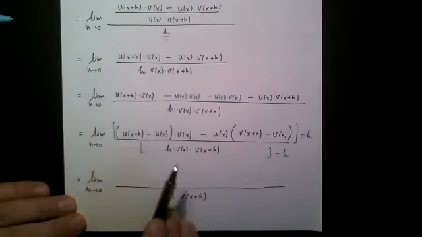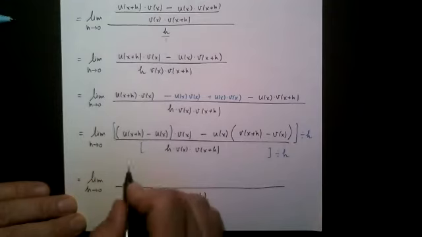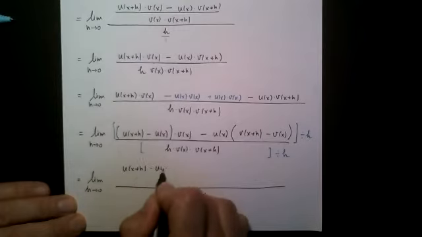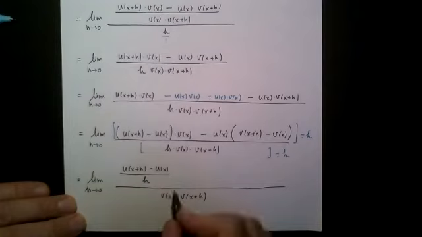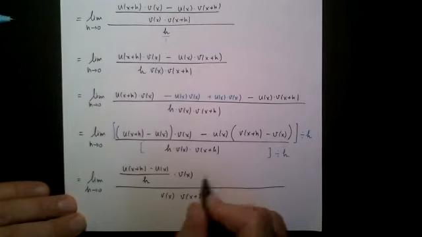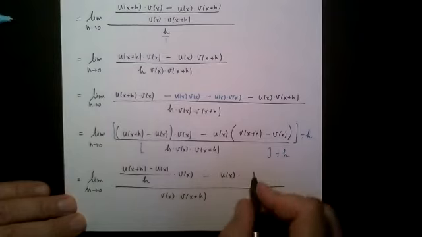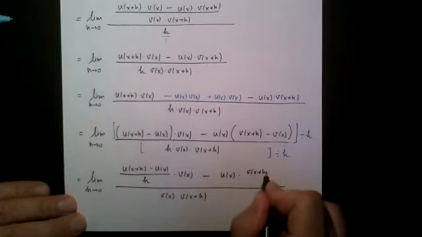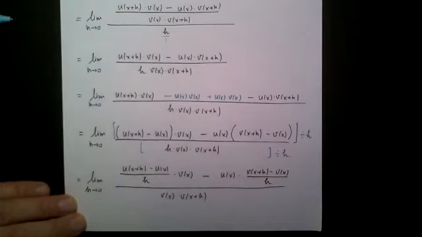And on top, if I divide the first term by h, I get u of x plus h minus u of x over h. I divided it by h, times v of x, minus, and here I have u of x times, and I will have here v of x plus h minus v of x divided by h as well.